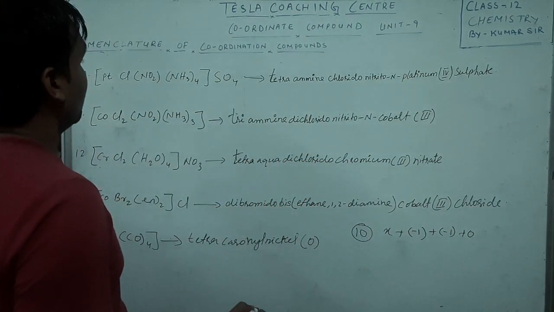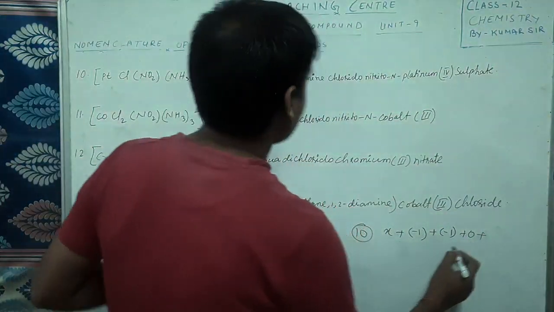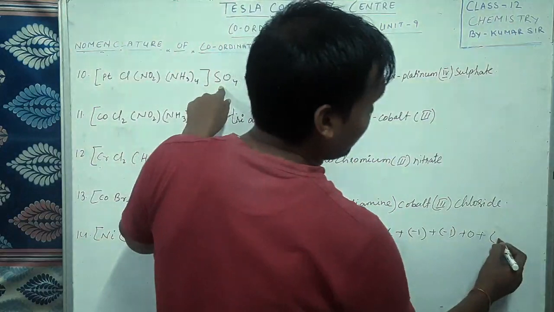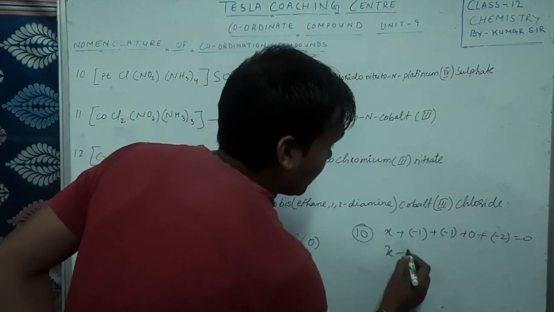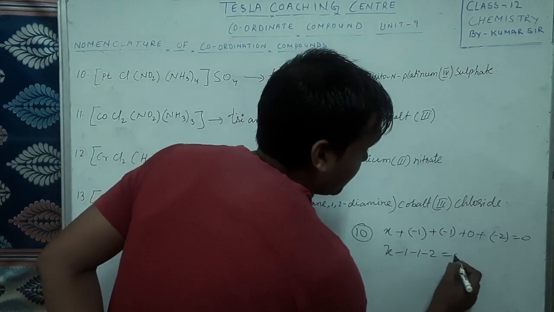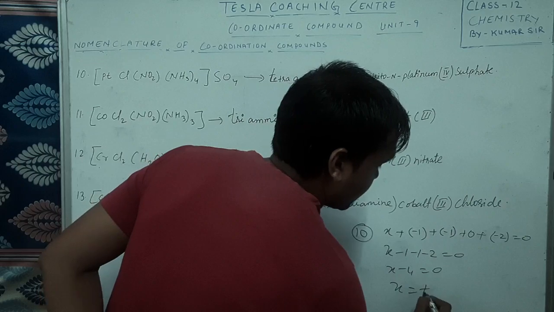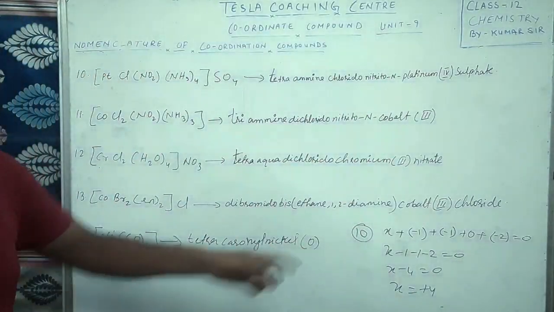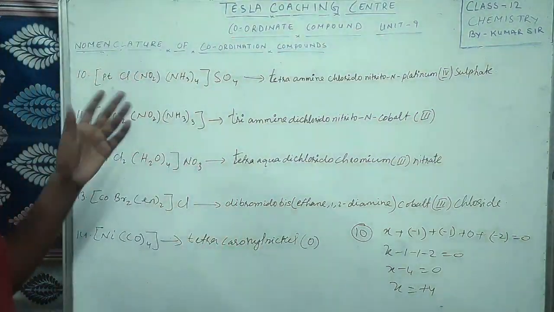Ammonia is considered to be 0, and plus sulfate is outside, right? So sulfate oxidation number is minus 2 equal to 0. So X minus 1 minus 1 minus 2 equal to 0. So how much? Minus 4 equal to 0. So X is equal to how much it is coming? Plus 4. So oxidation number we have mentioned here as plus 4.